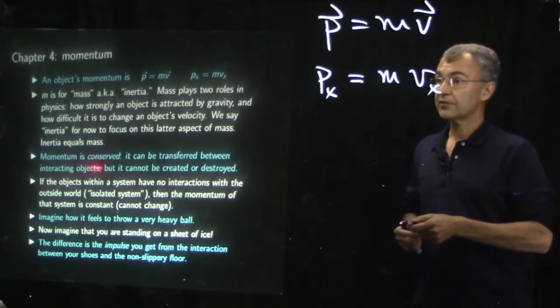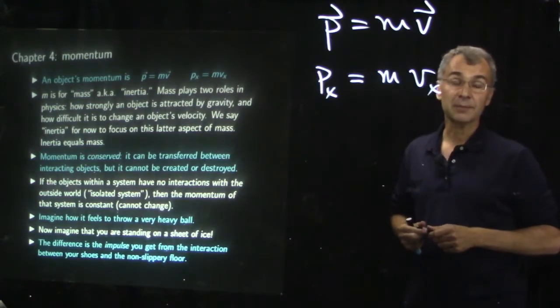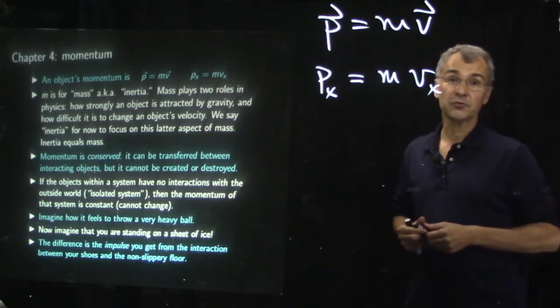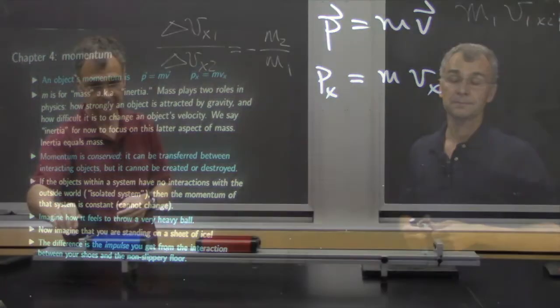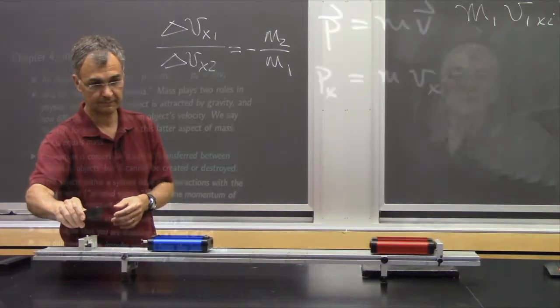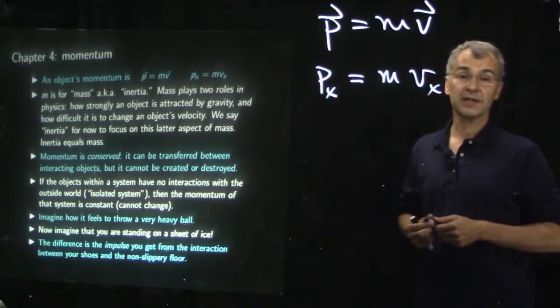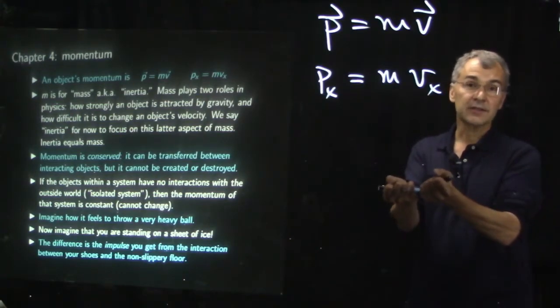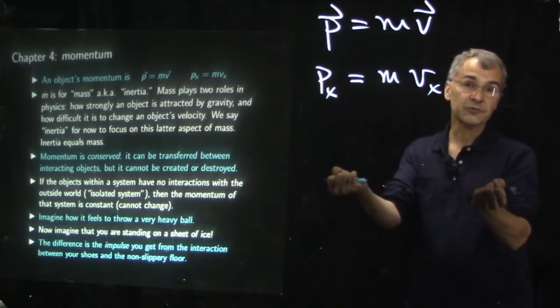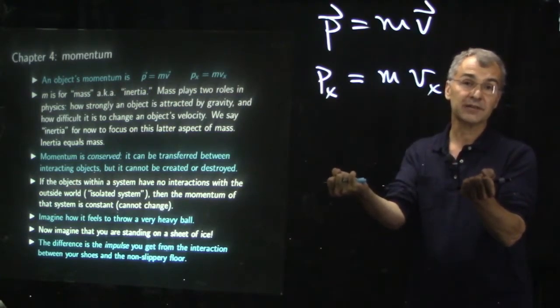So let's just look really quickly at an example of momentum being transferred from one object to another. And then let's look at an example of two objects interacting with one another in such a way that you can see that the total momentum afterward is the same as the total momentum beforehand.